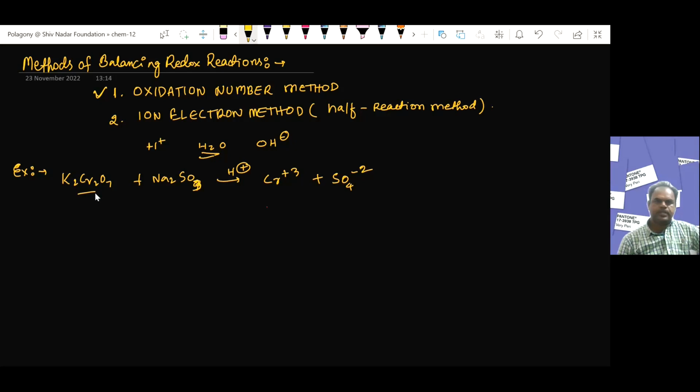So when potassium dichromate reacts with sodium sulfite, it produces chromium plus 3 ions and sulfite ions change into sulfate. This reaction is carried out in acidic medium. So write the balanced net equation.